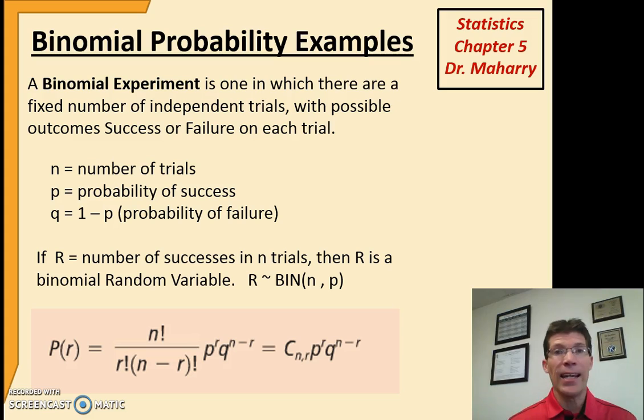All you need is n, the number of trials, p, the probability of success, and r, how many successes you want in a fixed number of trials. Remember, factorials mean you multiply down the integers. So 5 factorial is 5 times 4 times 3 times 2 times 1, and 10 factorial is 10 times 9 times 8 all the way down to 1. This formula can sometimes simplify.